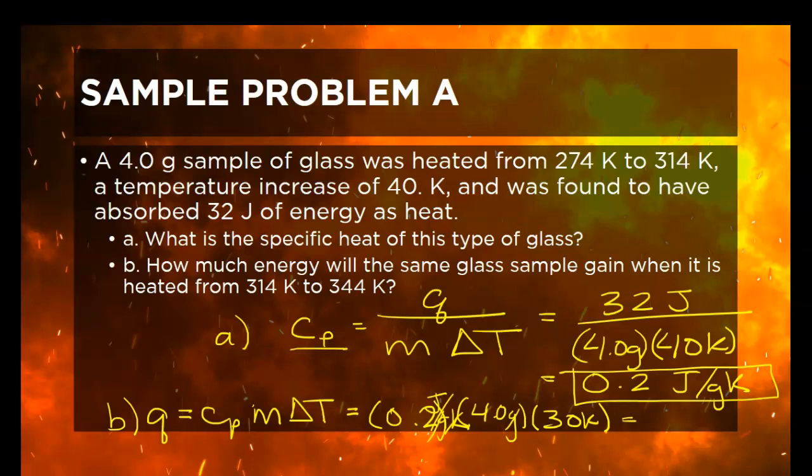Grams cancel out, Kelvins cancel out, and I get 24 joules is the amount of heat it would take to raise that sample of glass. So that's an example of finding specific heat, and then using the specific heat to find the amount of heat it takes to raise the temperature.